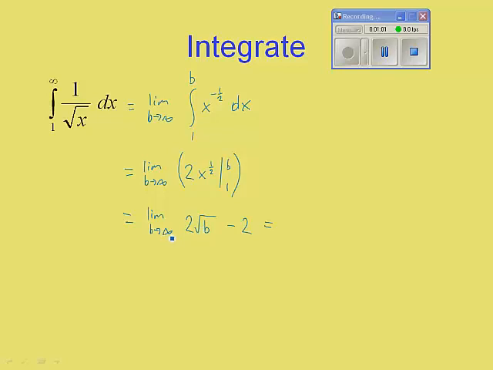When b gets large, guess what? So does 2 square root of b, right? Like if you put in 1,000,000 for b, what's the square root of 1,000,000? 1,000. So this would be 2,000. Yeah, this limit grows without bound. So what's that mean? Yeah, it does not exist.